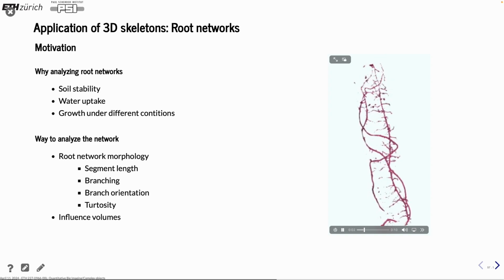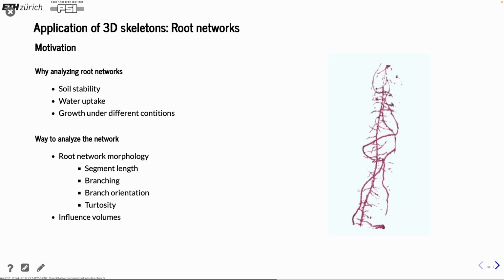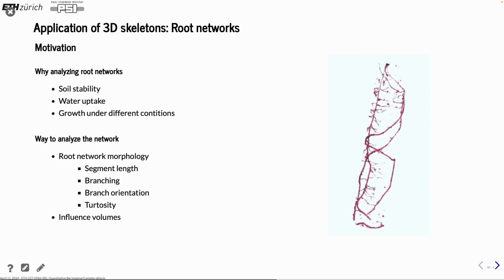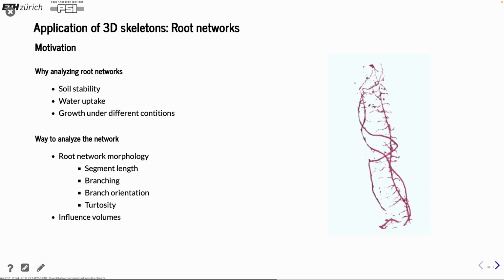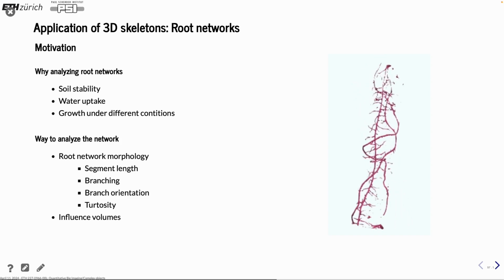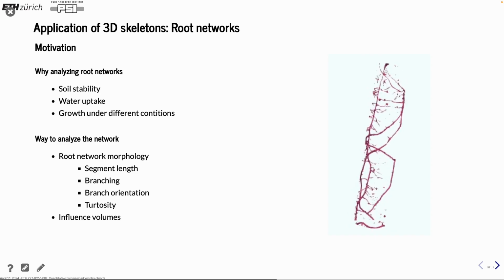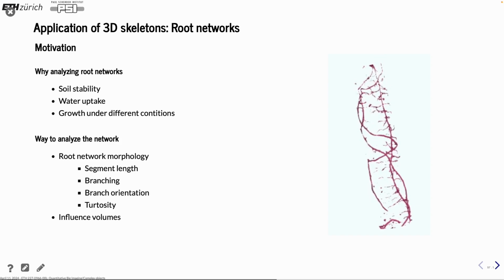And one application is segmenting root networks. And the motivation for looking at root networks is looking into the soil stability. Depending on how the roots are spreading out in the soil, they can stabilize the soil. Of course, it has an effect on the plant, how well it can take up water.